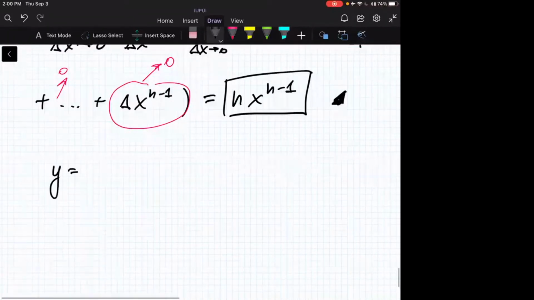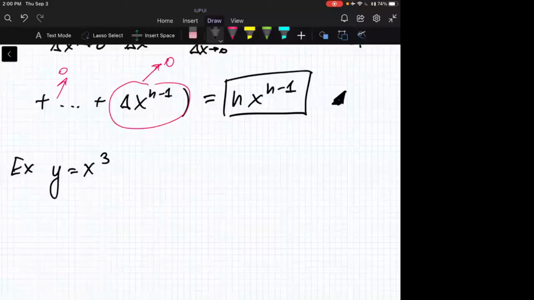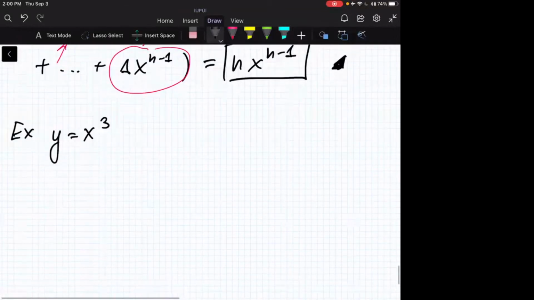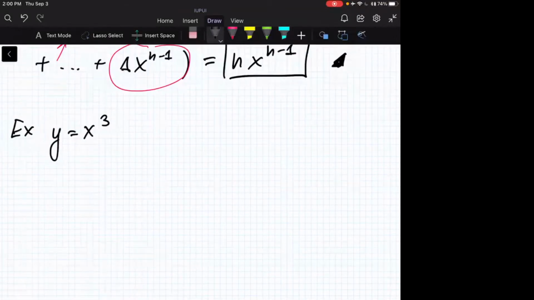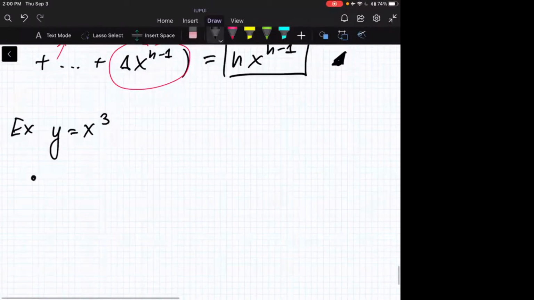For example, we can calculate the derivative of x cubed. So, of course, we can, let me do it once so you understand what the proof of the theorem is using delta, just the definition of the derivative.